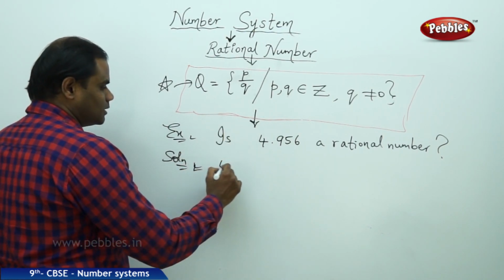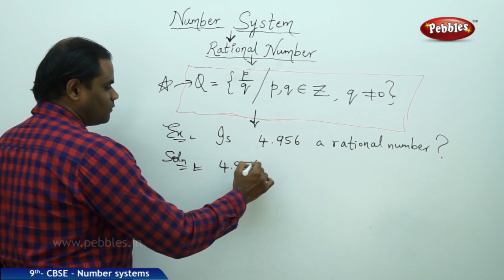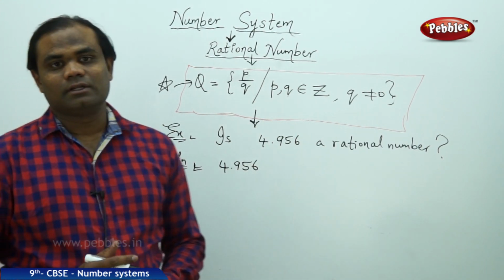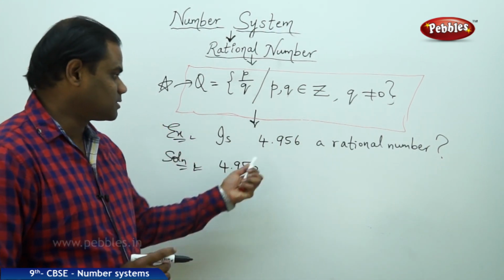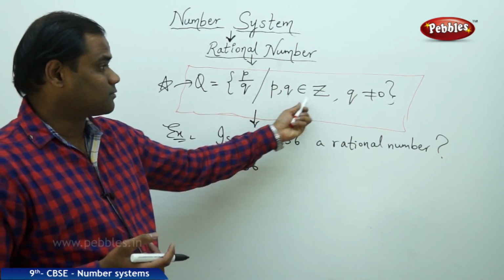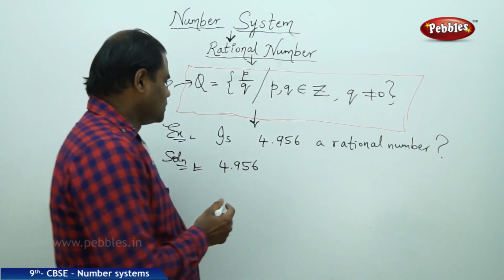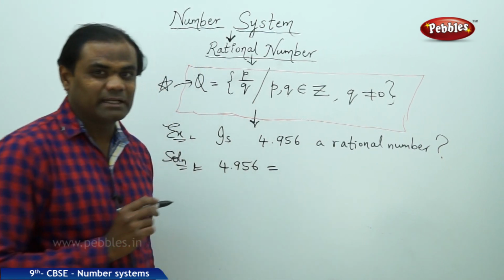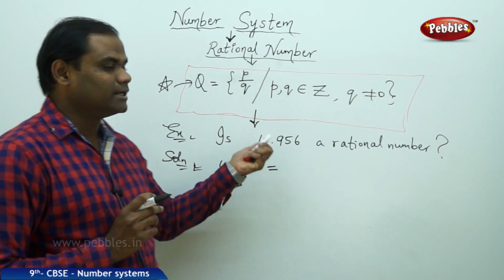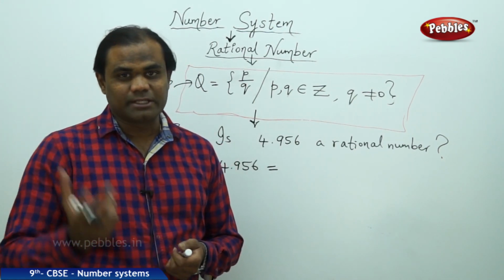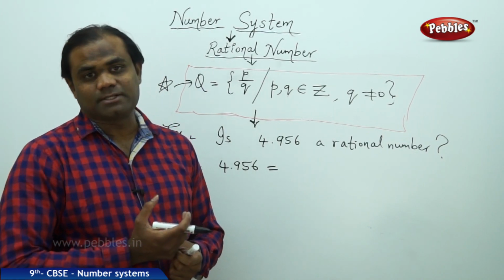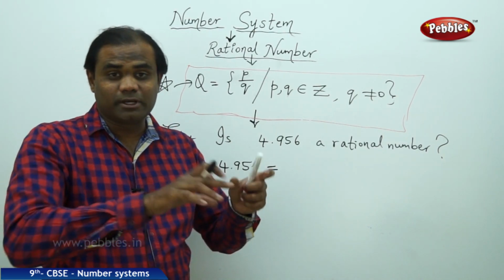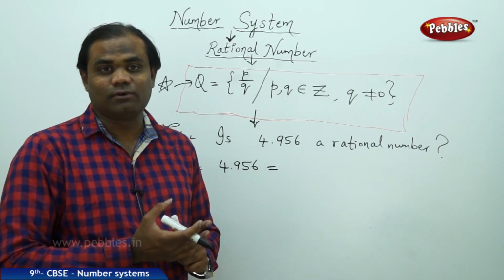The given number is 4.956, and let's see if this can be expressed in the form P by Q, satisfying these two properties. Now, I clearly understand that any decimal to be tested for a rational number should be converted into the non-decimal form.